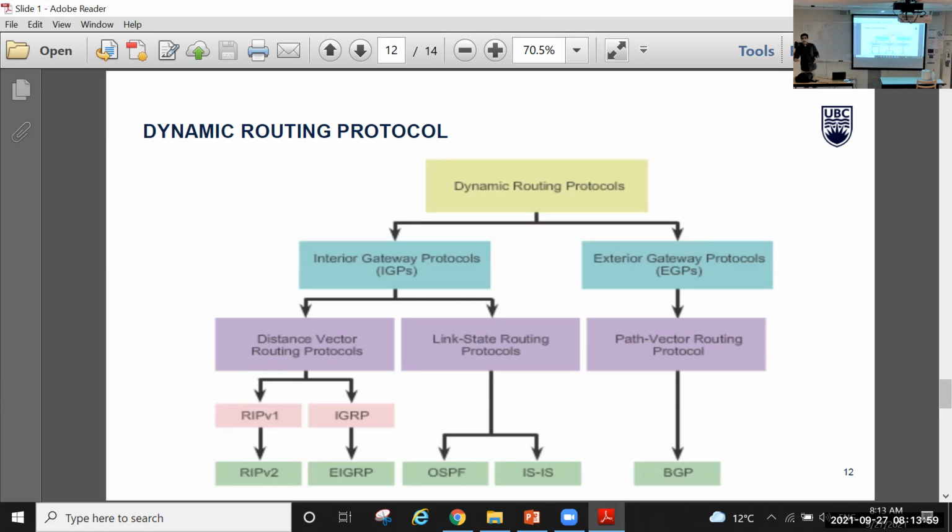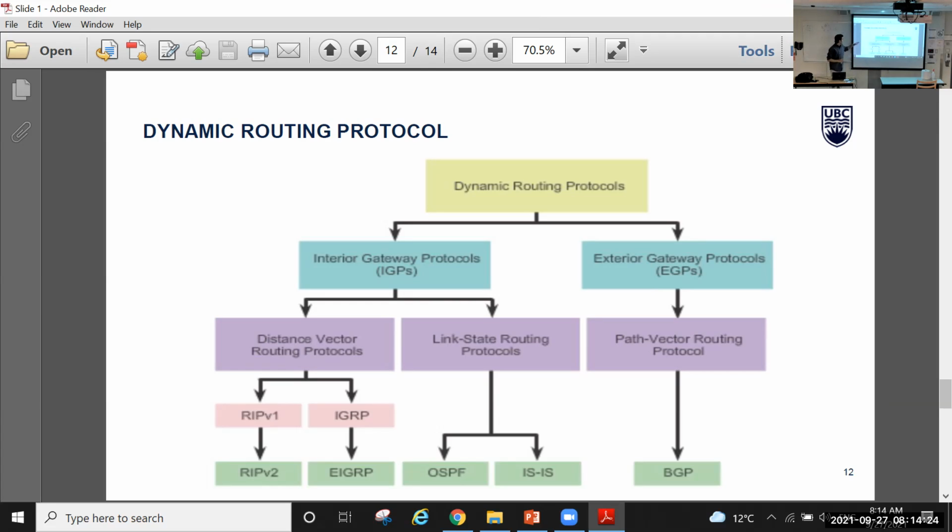Only high-resource routers can use OSPF. So OSPF is used at the routers of internet service providers, as they have the capability to buy huge routers with huge resources such as RAM and CPU.